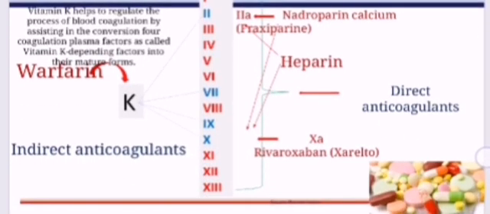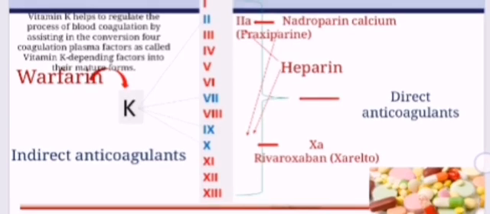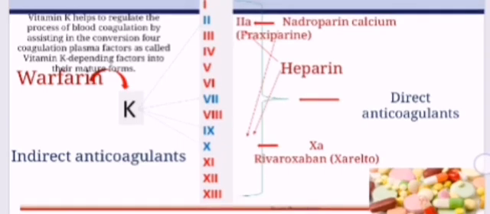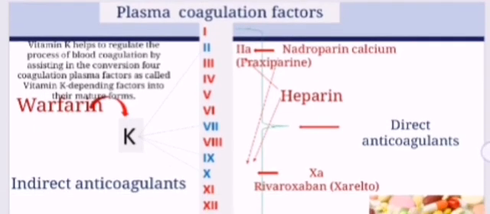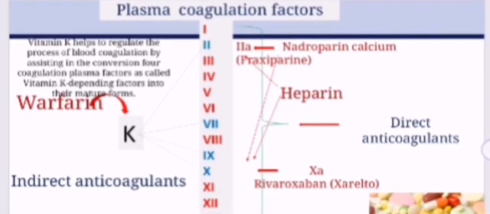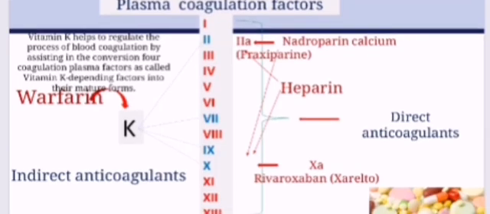Vitamin K helps to regulate the process of blood coagulation by assisting in the conversion of poor coagulation plasma factors, called vitamin K dependent factors, into their mature form. Warfarin, these are indirect anticoagulants, factors 2, 7, 9 and 10.